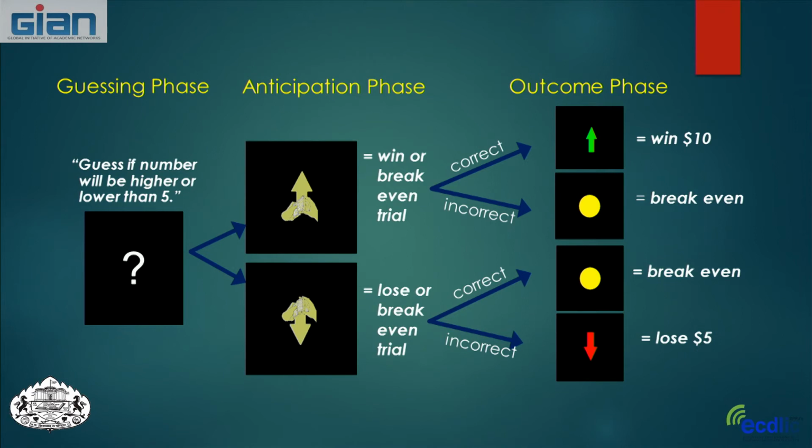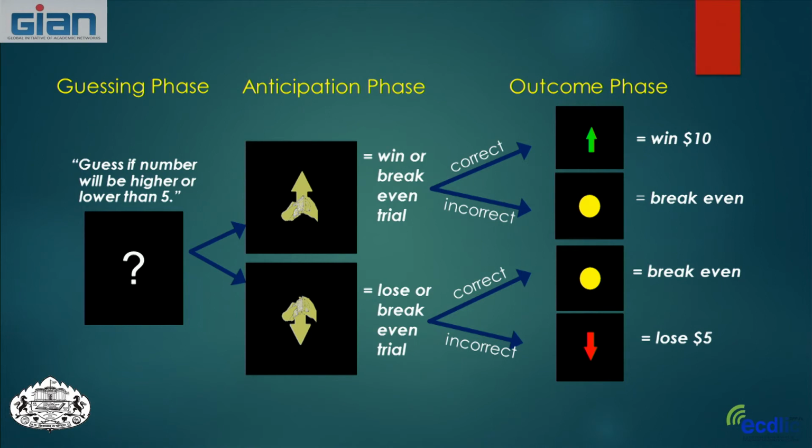Now, if they see the shuffling hand down, then they know it's going to be either a losing or a break even trial. So if they guessed correctly in this case, they're just going to break even and see the yellow circle. If they guessed incorrectly, they're going to lose $5. This is designed, again, to tease out this anticipation phase.